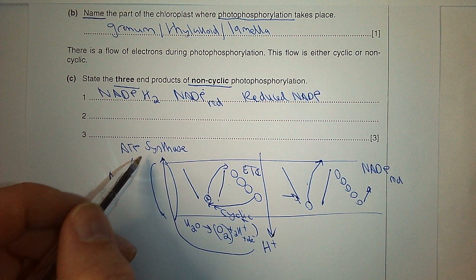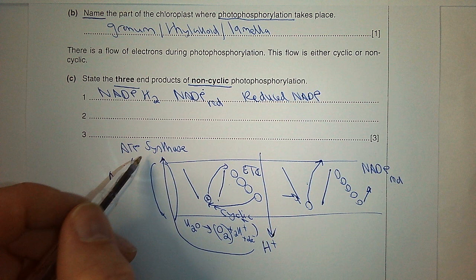And the third and final product is that the electrons have to be replaced in the photosystem, and they're replaced by the photolysis of water. A waste product of that is oxygen. You can write O2. So they're the three end products of non-cyclic photophosphorylation: reduced NADP, ATP, and oxygen.